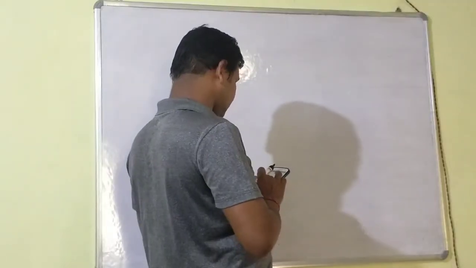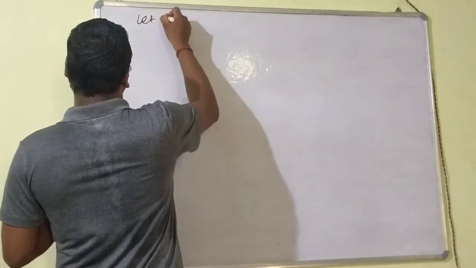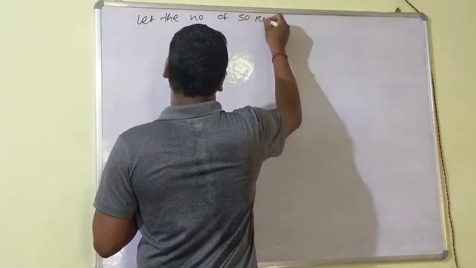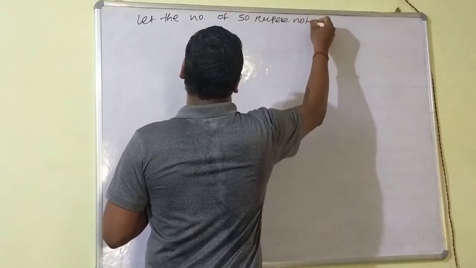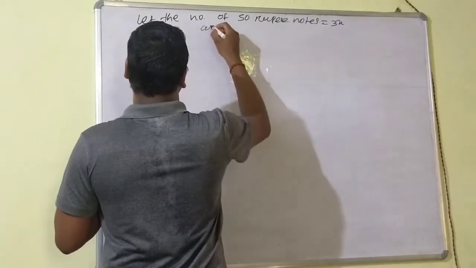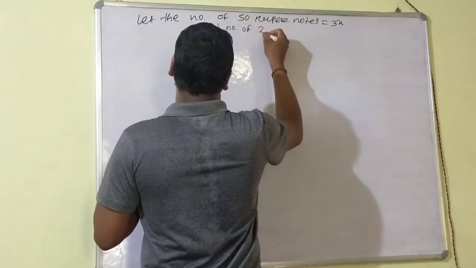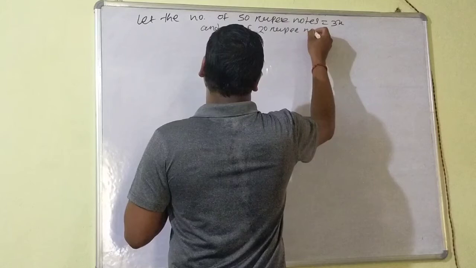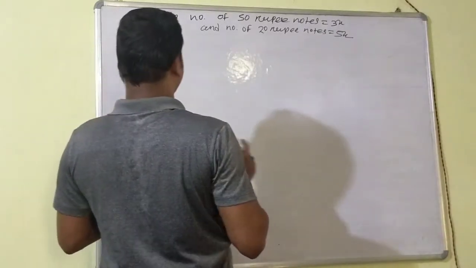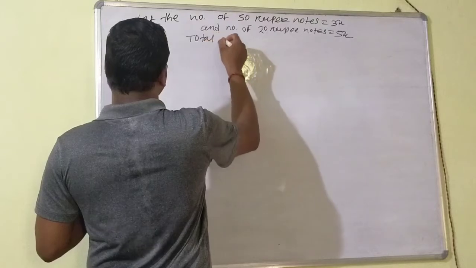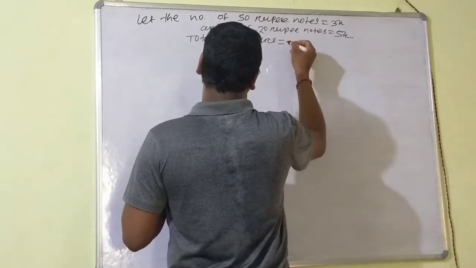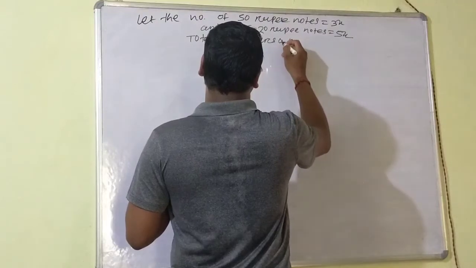Now we will write down. 1, 2, 3, start. Let the number of 50 rupee notes be 3x and the number of 20 rupee notes equal 5x. Here the total number of notes is given, equal to 25.